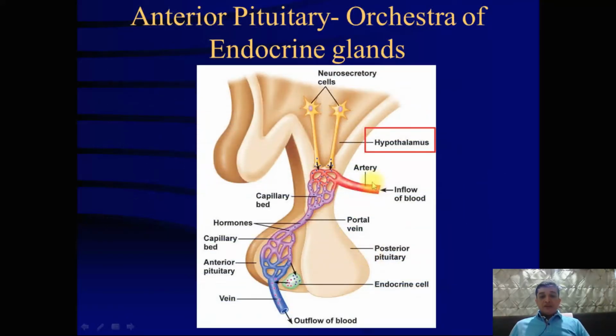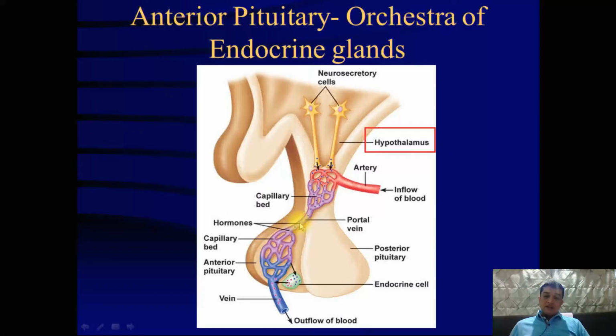So let's check. This is the hypothalamus, this is the pituitary part, the anterior pituitary. Here it has been shown as a slightly smaller region, actually it is quite a big region, but going through this part, you can see that this is the inflow of blood, so artery, this is the primary plexus, so capillary blood. Now this capillary bed should convert into a vein, right?